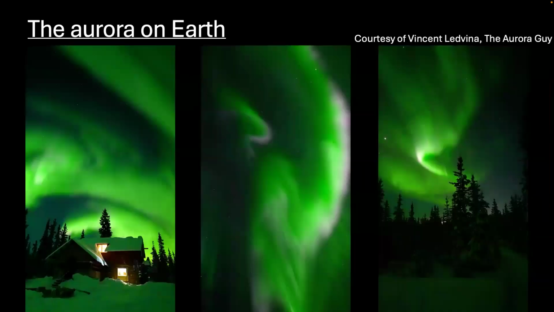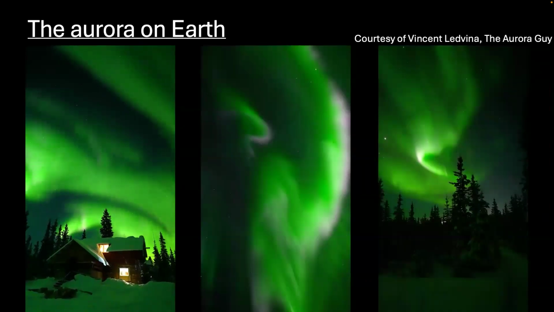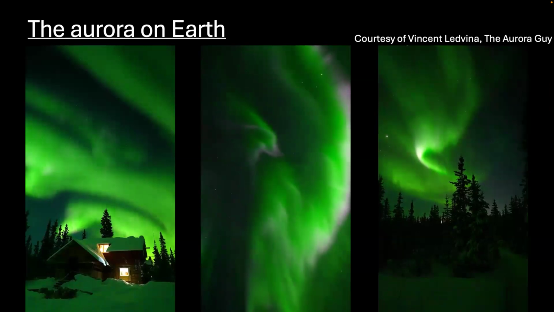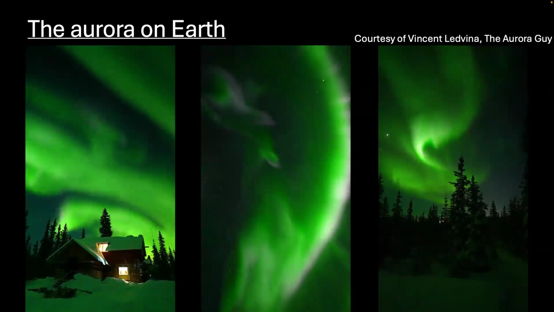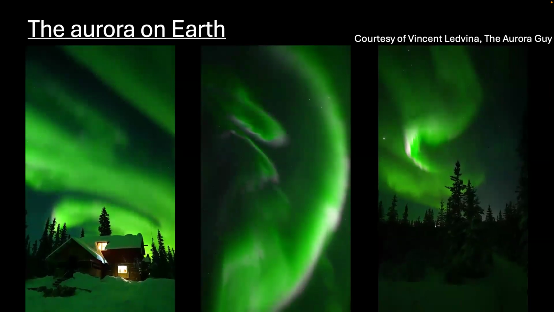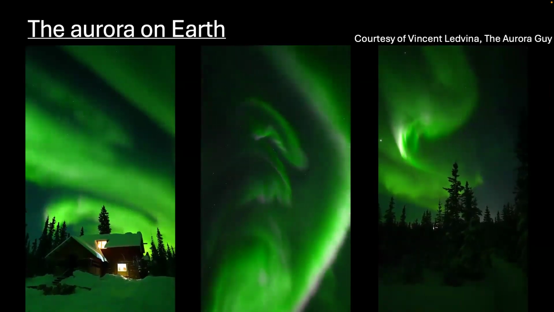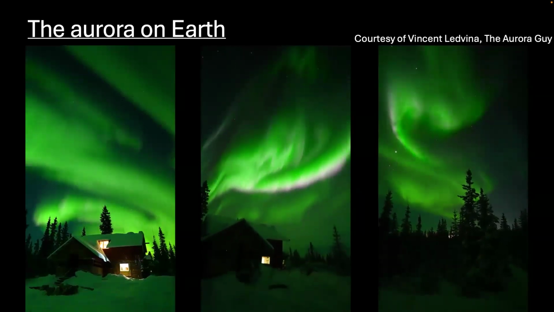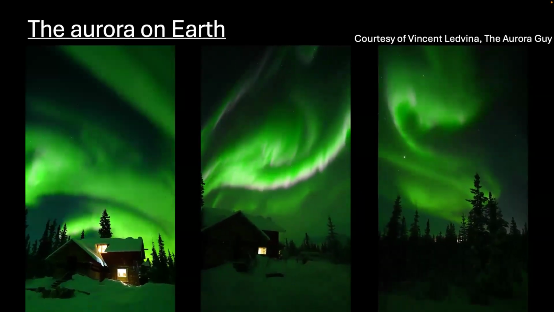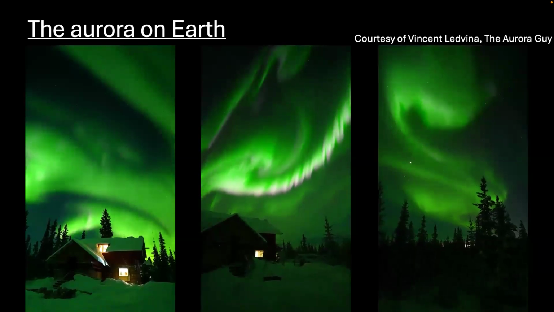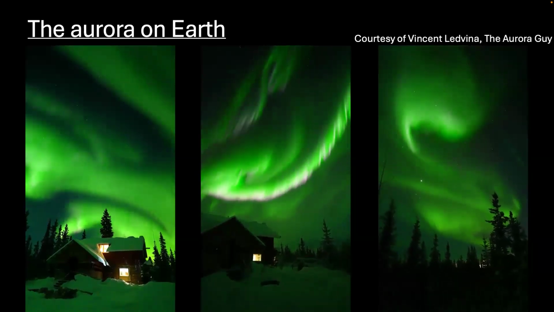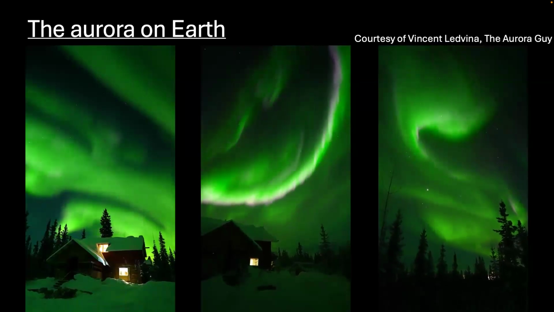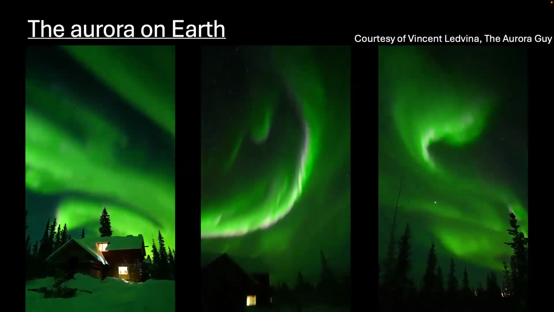I don't need to tell you that for centuries, on Earth, we have been observing the aurora, and the community for the last few decades have been studying the aurora in situ with satellites and also from Earth with different instruments, optical and not optical. I'm going to be heavily explaining some of the optical instruments, but I'm also going to mention some of the non-optical instruments that we can use.